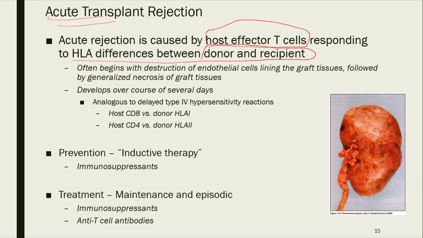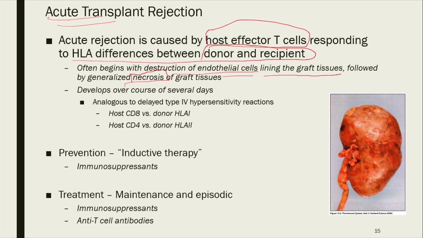Often what happens is it begins with the destruction of endothelial cells lining the graft tissues, followed by necrosis, okay. Necrosis is bad. Basically, it's a bad death. During necrosis, there are a lot of cell components being released that can further generate inflammation down the road.